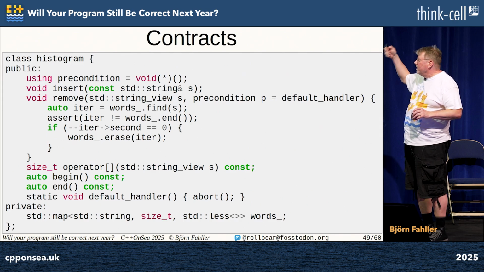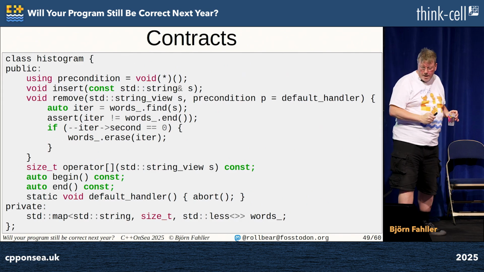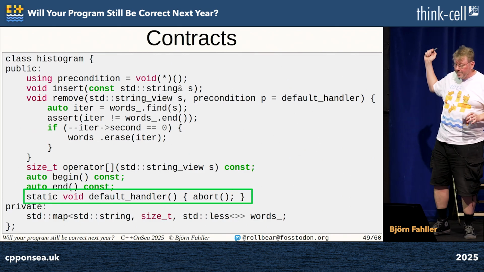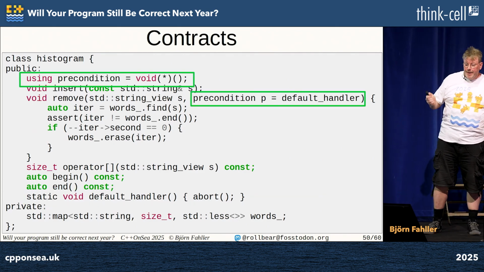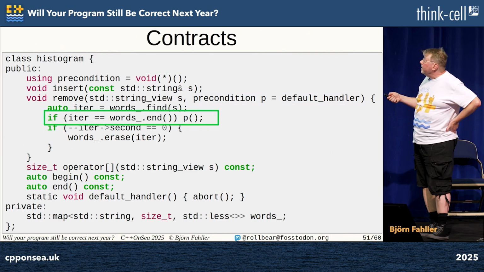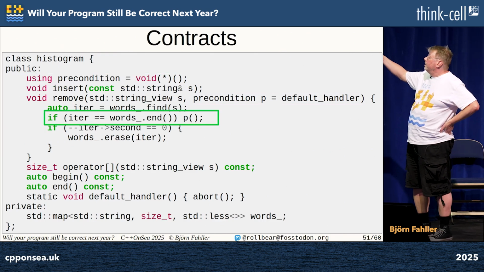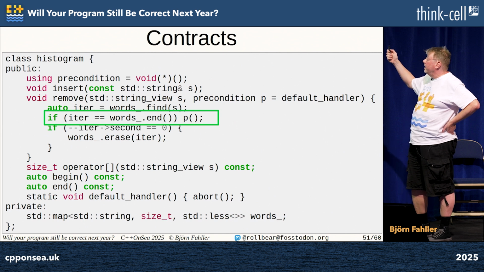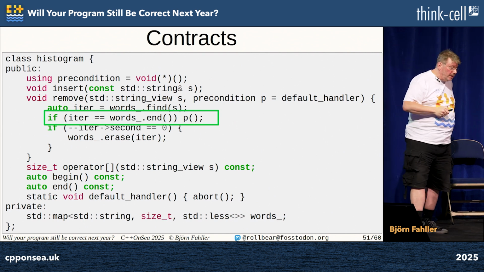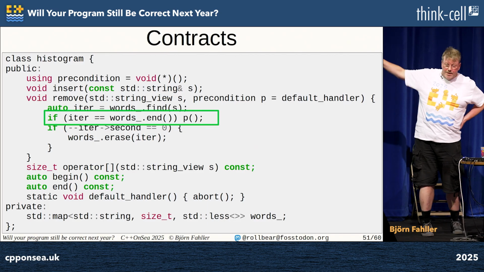It should be a violation handler or something. That defaults to my default handler that just calls abort. And then I can change this assert to be: if the iterator returned was the end iterator, then call the violation handler. Pretend it says violation handler.